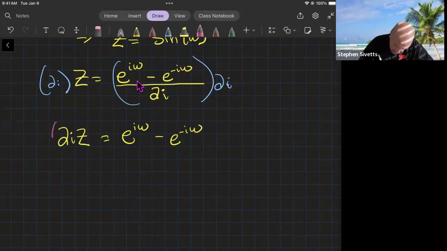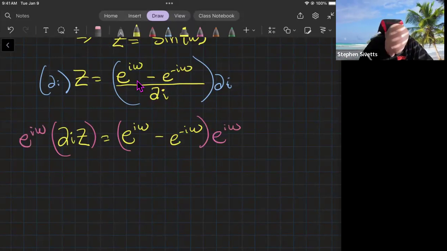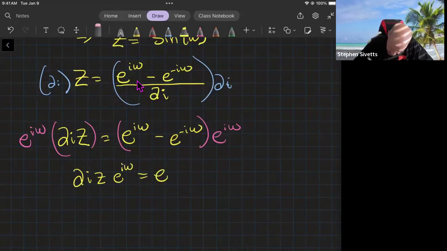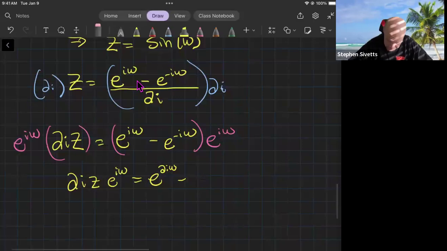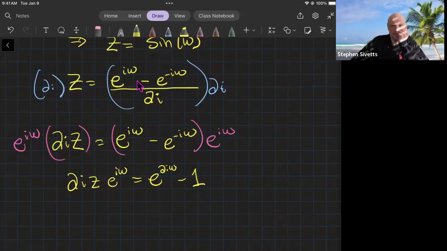And also, if we multiply both sides by e to the iw, we'll have 2iz e to the iw equals e to the 2iw minus 1.